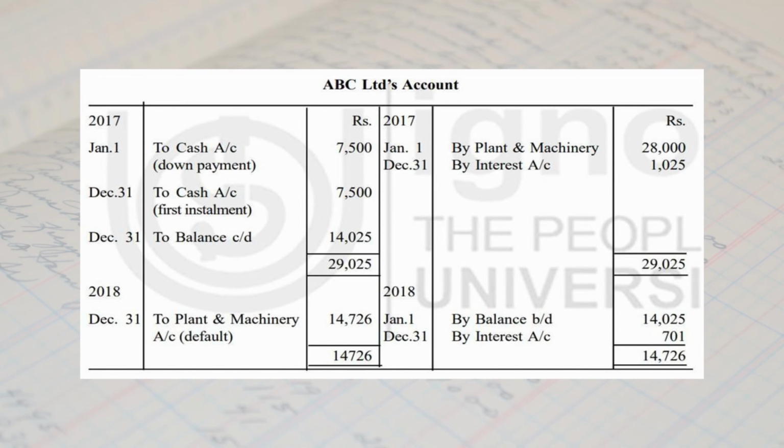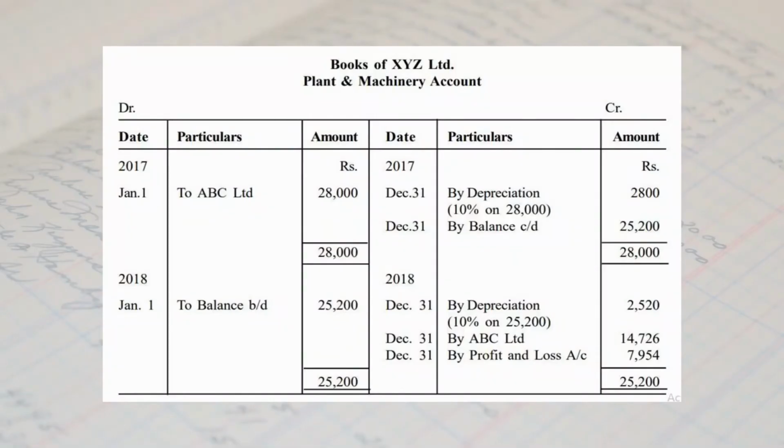In the case of default, the entry made by the hire purchaser was ABC Limited account debit, that is the hire vendor account debit, to plant and machine. So when we prepare the plant and machine account, it would be by ABC Limited. We can easily see in the books of plant and machine, by ABC Limited, this entry of 14,726.